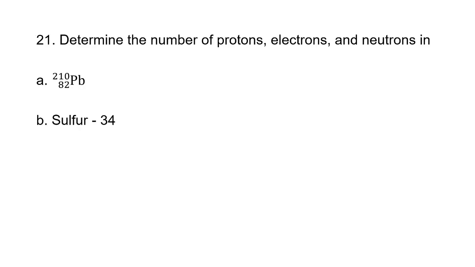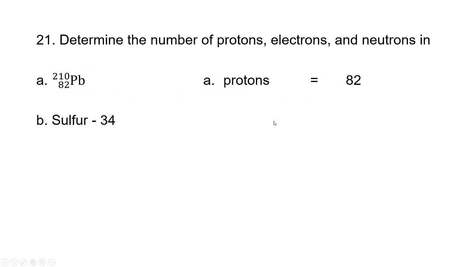21. We're given a couple of isotopic symbols here, and we want to determine the number of protons, electrons, and neutrons. Here we have lead 210. So protons for lead, that's the identity of lead. You get that from the atomic number here at the bottom. That's 82. Now there's no charge indication here in the upper right hand corner, so we're going to assume this is a neutral atom.